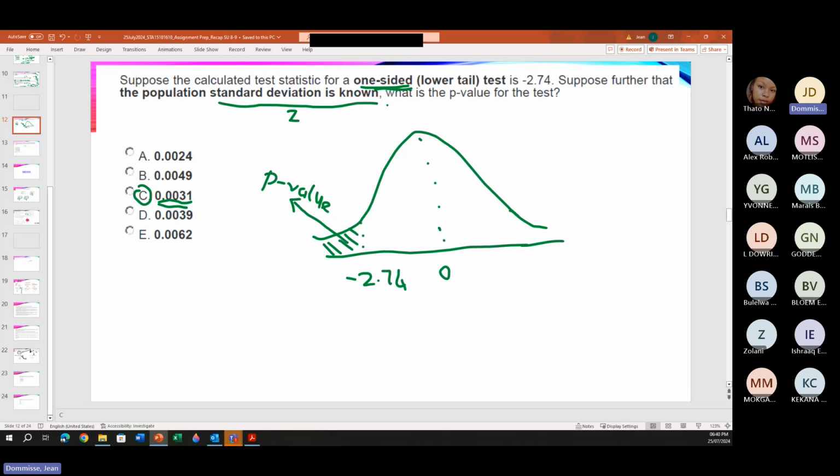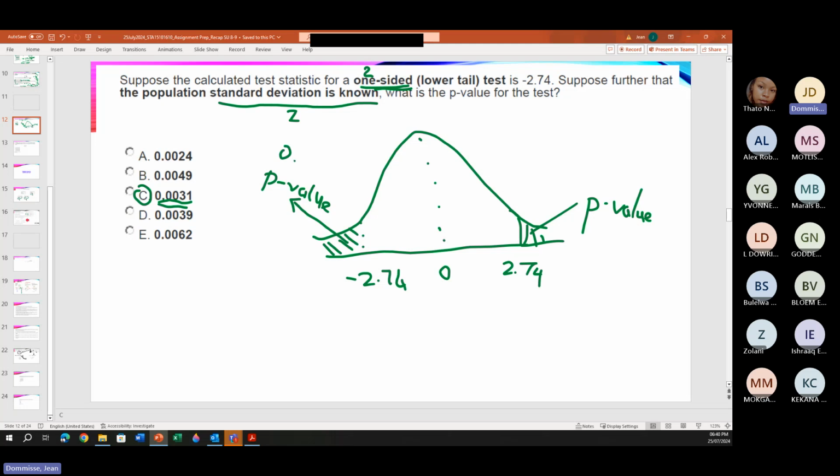If it was two-sided, and that again can be asked for some of the other students, depending on which paper you get, we would have needed to add this side as well, the p-value.